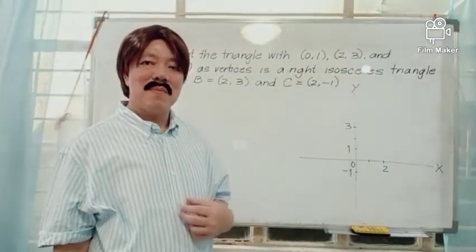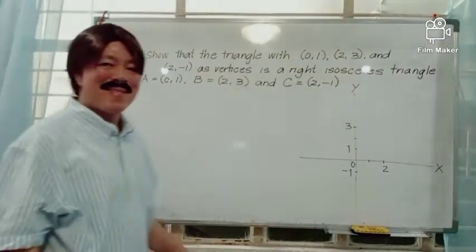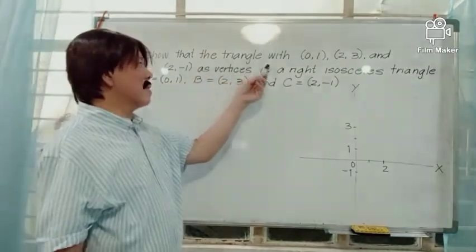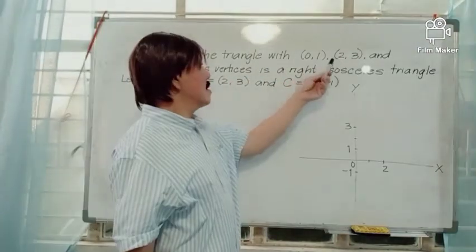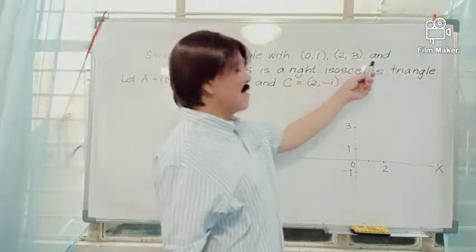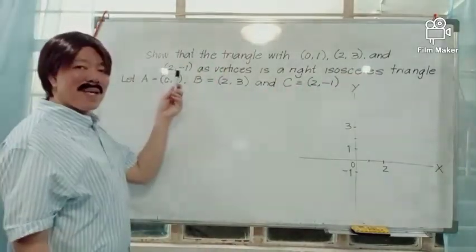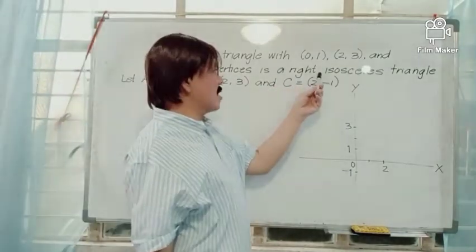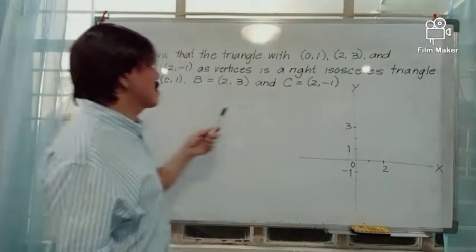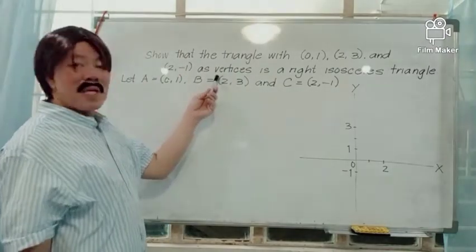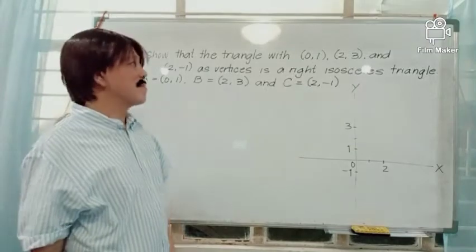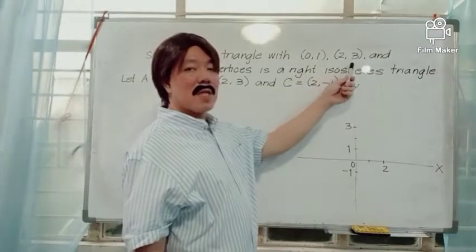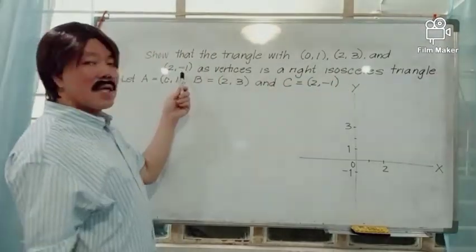Consider the following problem for our example 2. Show that the triangle with 0, 1, 2, 3, and 2, negative 1 as vertices is a right isosceles triangle. The 3 vertices of the triangle are given, and these vertices are the points 0, 1, 2, 3, and 2, negative 1.